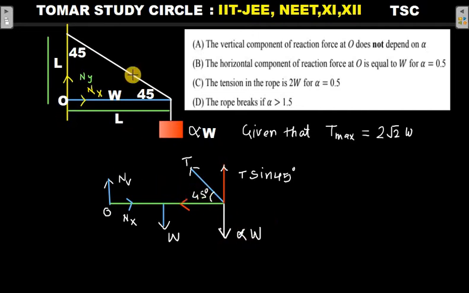Another force acting is the tension T in the rope. Here it is at an angle of 45 degrees from the rod. The tension can be broken into two components, one along the rod and another perpendicular to the rod, that is T sin 45.